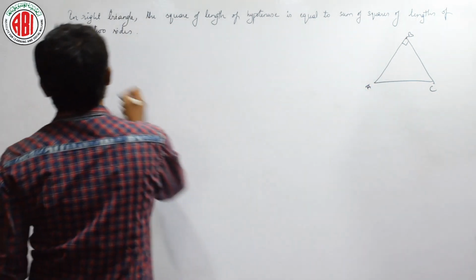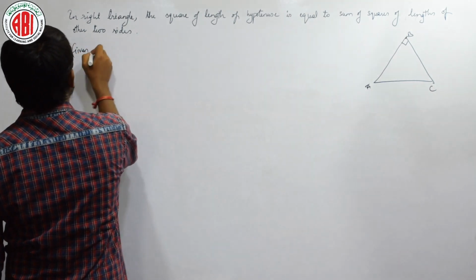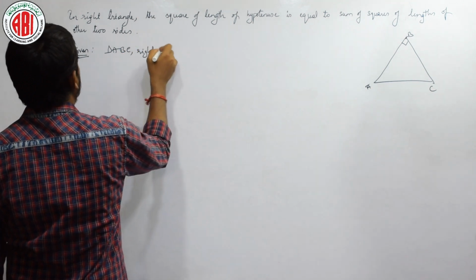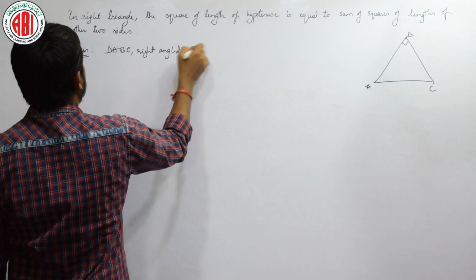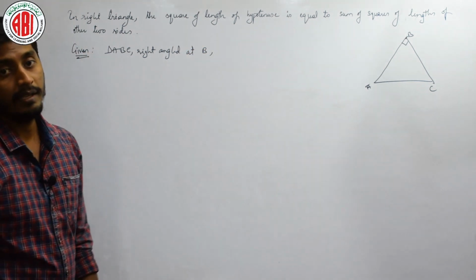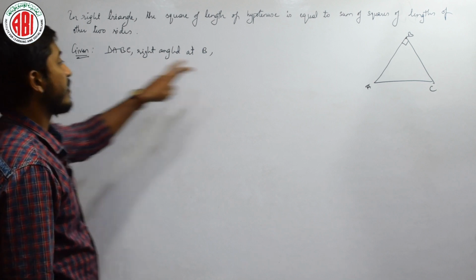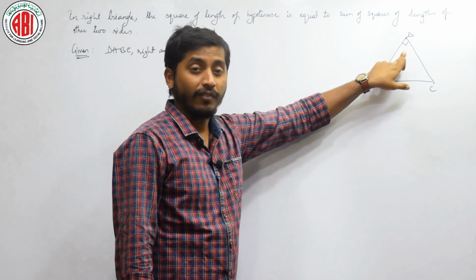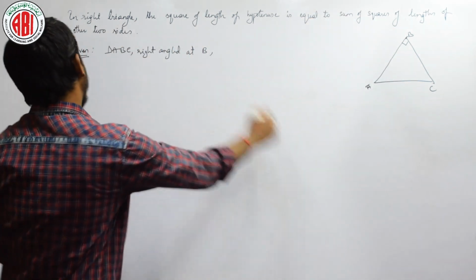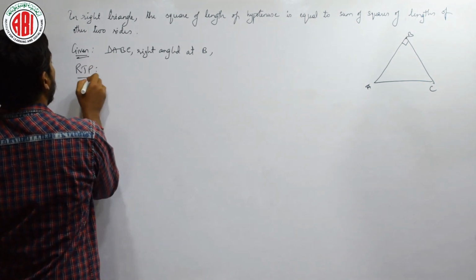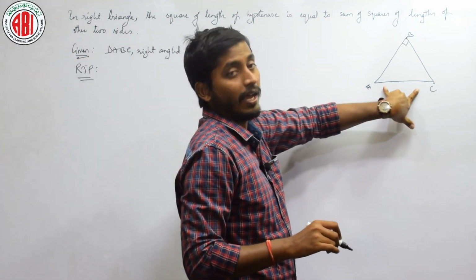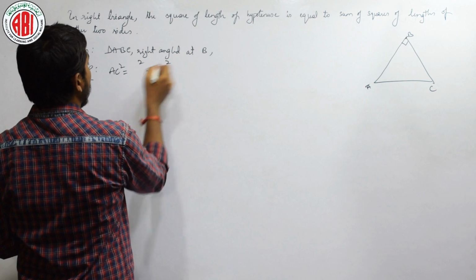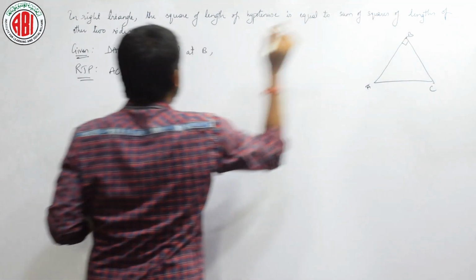Now see here, what is given? Triangle ABC right angled at B. Next, we write RTP, the required thing to prove: the square of the hypotenuse, AC square, is equal to the sum of squares of the other two sides, AB square plus BC square.